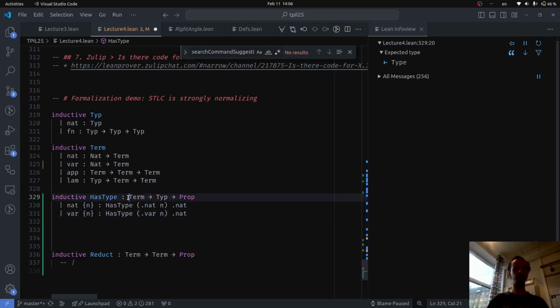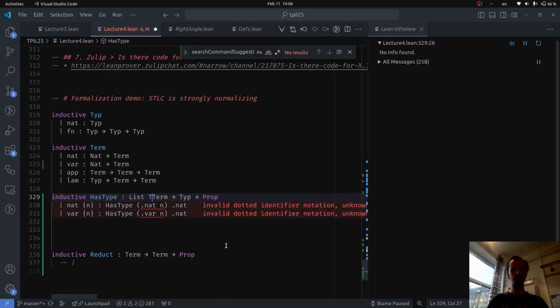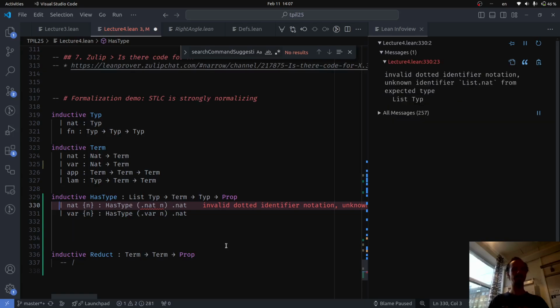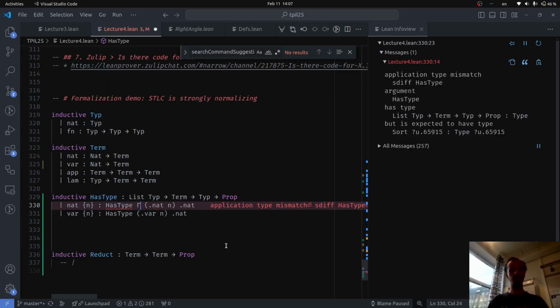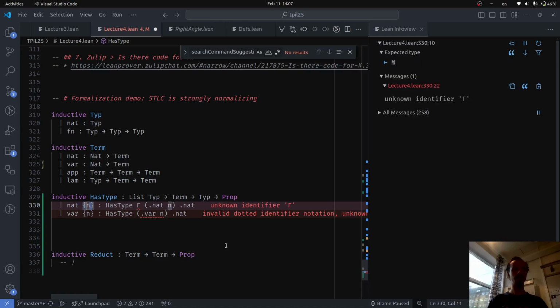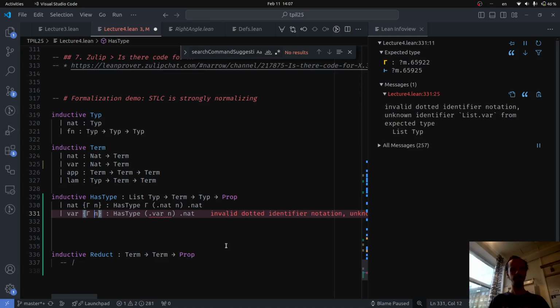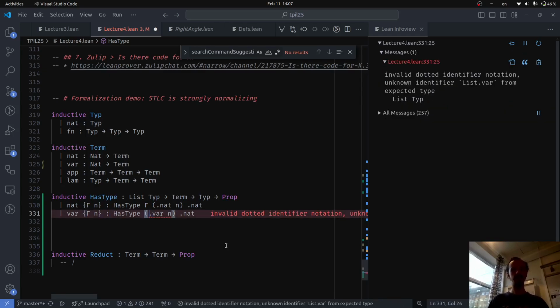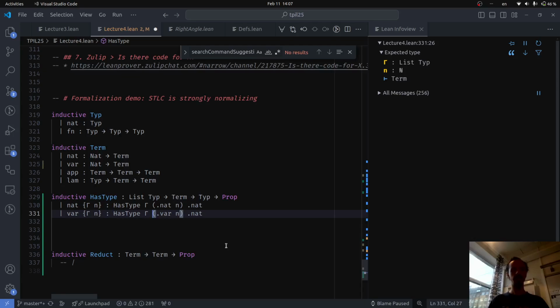It depends on the context. What context? Let's have a context. So we have a list of types. This is going to be our context. We call it gamma. And it'll tell us the type of all the variables.